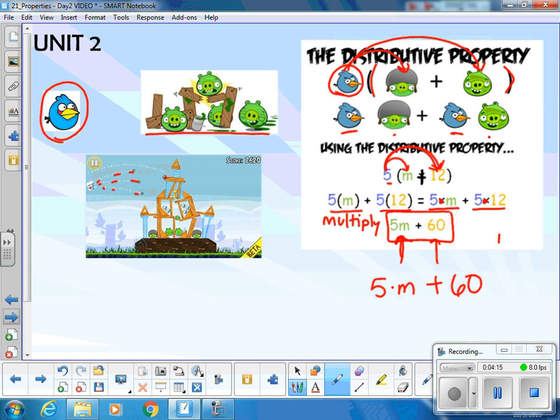But if we think of our order of operations, before I can add, I have to multiply. But I cannot multiply this because I don't know what m is. So that's why when we get to this place where we have 5m plus 60, we can't go anymore. It's done. That's as low as we can go. And that's called simplifying the expression.